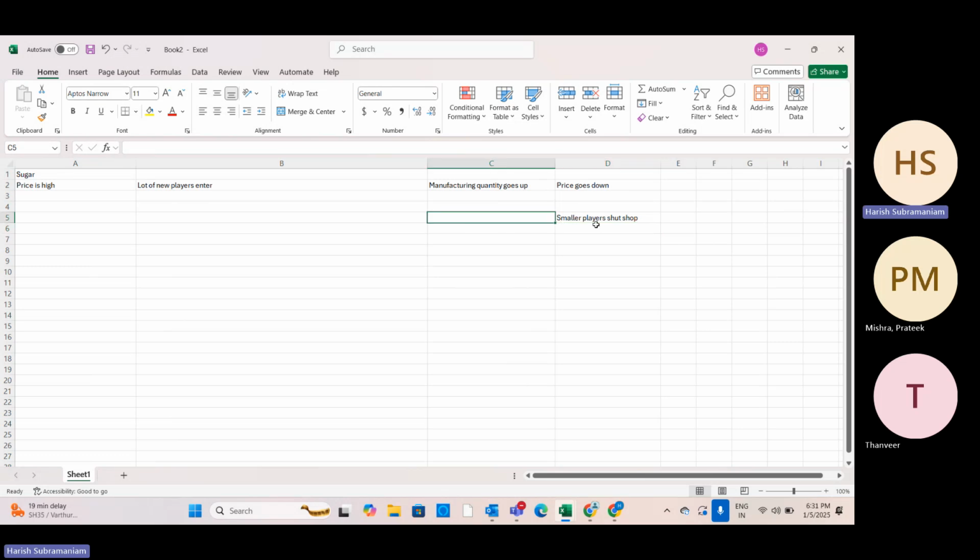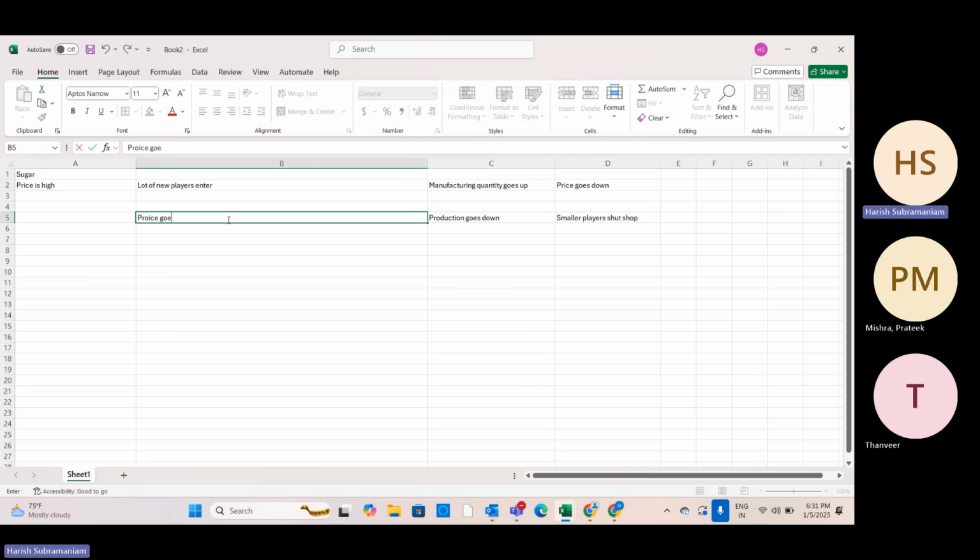Right. So as smaller players shut shop, the production goes down. And then as the production goes down, what happens? Price goes higher. Now, once the price is very high, again the cycle happens. A lot of new players enter. They'll manufacture more because there is so much sugar available.